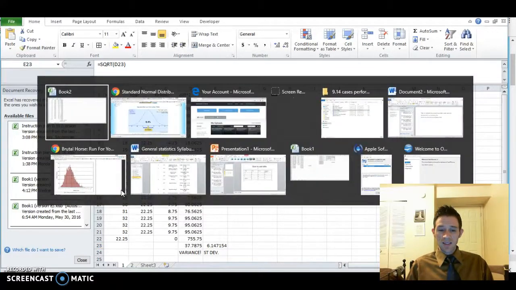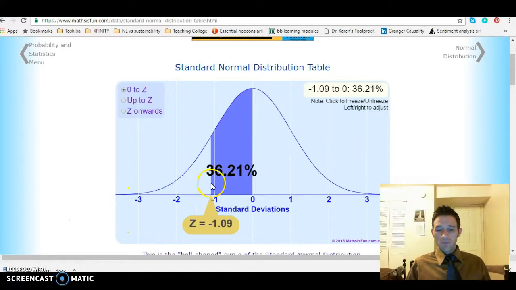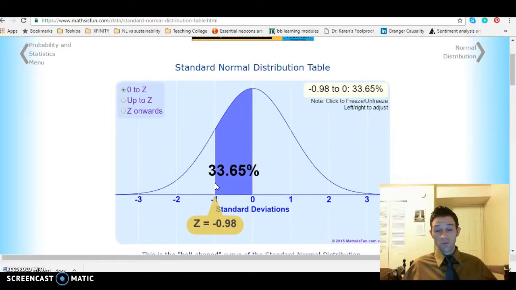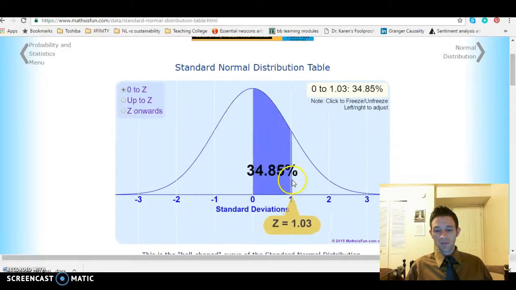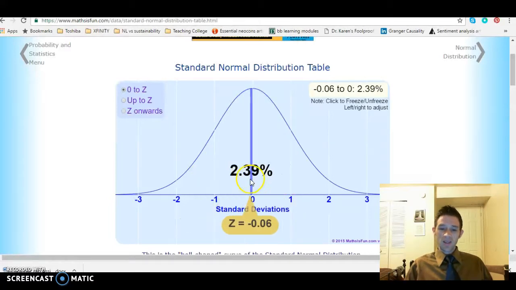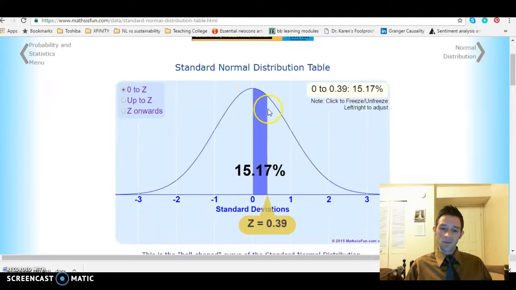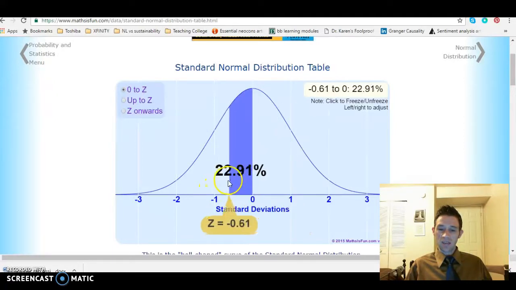In a bike race, most people are between something like 18 and 24 miles an hour. So most people come in here. The height of this is the number of people that fall at any given point, and as you can see, it's very dense here in the middle.